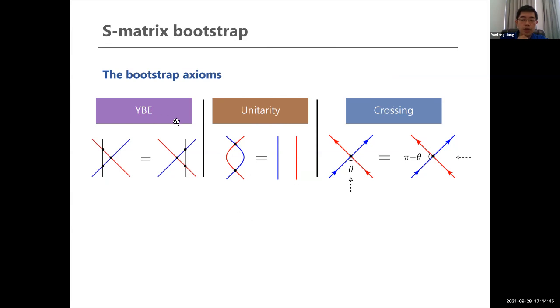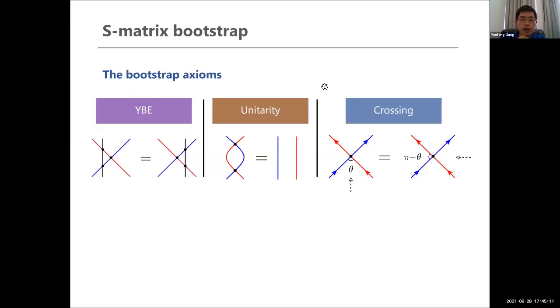Now for integrable models, crucially, in addition to unitarity and crossing, we also have the Yang-Baxter equation. Basically, this is saying that the 3 to 3 scattering is factorized into a sequence of 2 to 2 scatterings, but the factorization order does not matter. So this is a consistency relation from integrability.